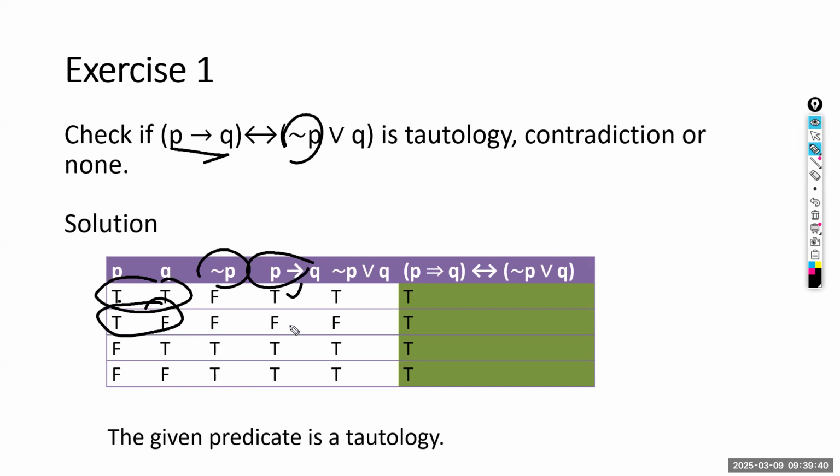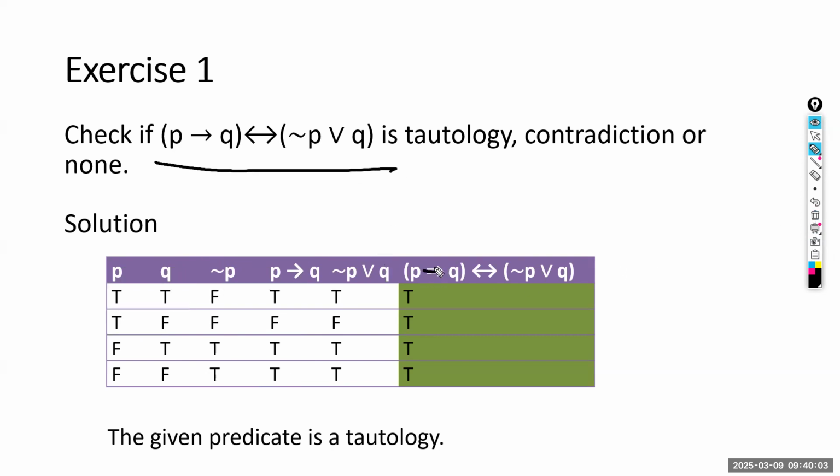True, false, false. False means true, false means true. Then you can build not P or Q, because you have the not P and Q. True or false, true. False or false, false. True or true, true. False or true, true.